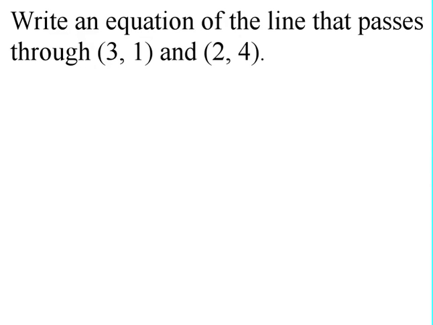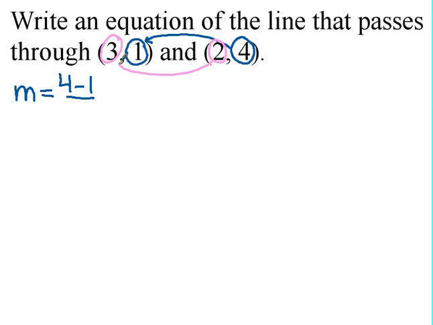Remember how we find the slope between 2 points? Remember, I'm going to let m equal, and in this case, I'm going to do y2 minus y1. So I do 4 minus 1 divided by 2 minus 3.